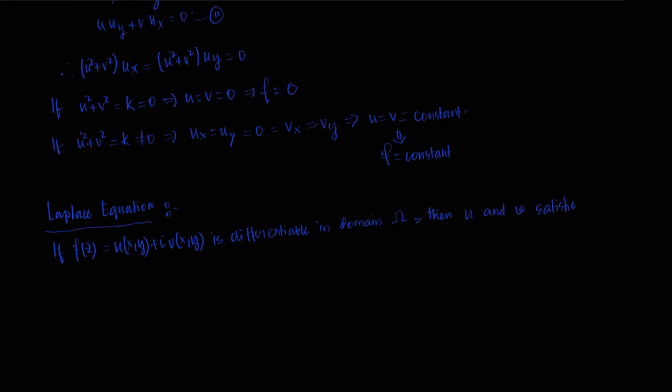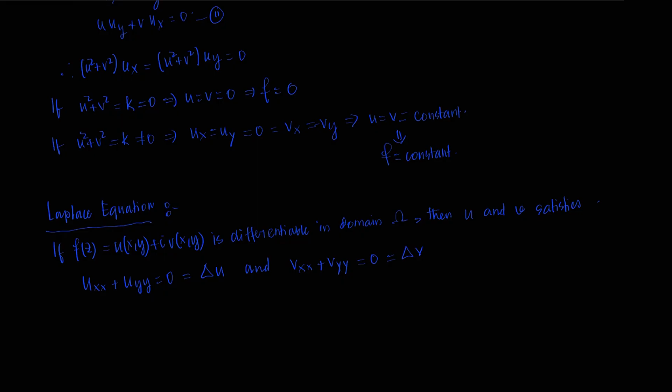We already know that if it is differentiable, it always satisfies the CR equation. But it does more. It satisfies uxx plus uyy equals 0. This we write as the Laplacian of u. So in this case, the Laplacian of u is 0, and vxx plus vyy equals 0. This we call the Laplacian of v.